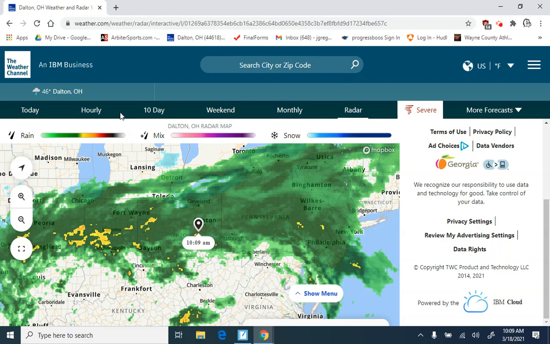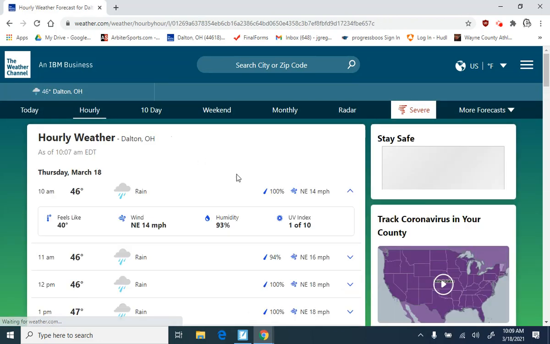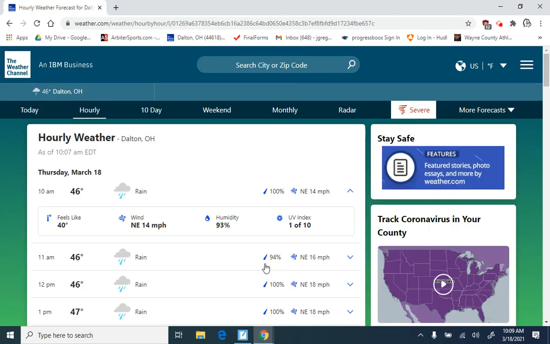Now, if we take a look at the probability of rain on the hourly forecast, they're predicting right now 94% chance of rain, which, if you remember back to what we talked about yesterday, is also 94% of the area is covered in rain. So there's a connection between the probability and also your area. When you talk about probability, percent chance of rain, you're also looking at how much of the area is covered in rain.